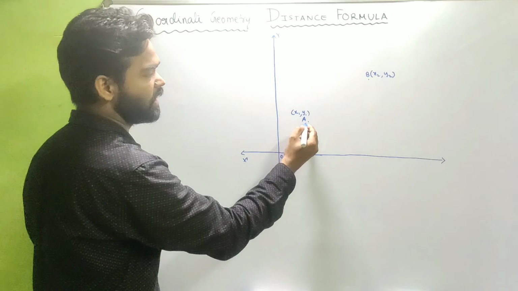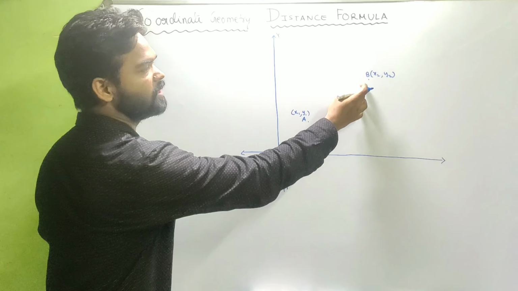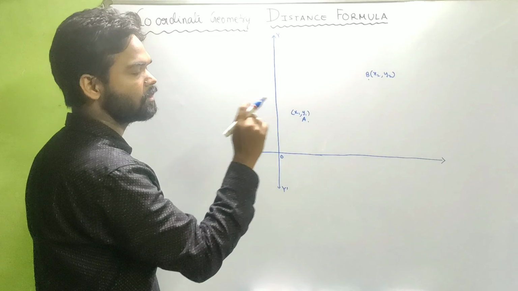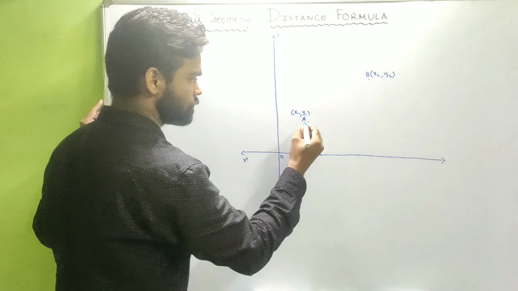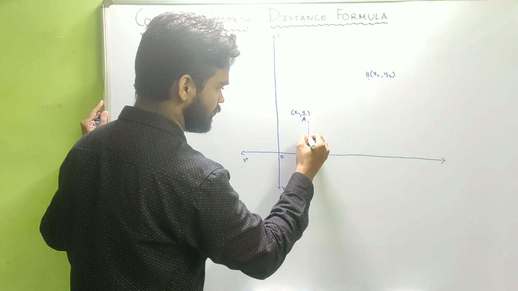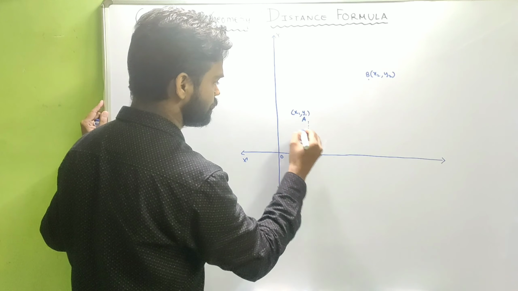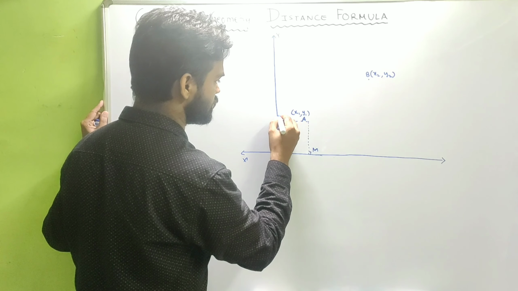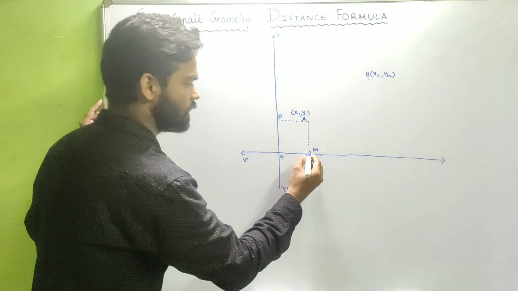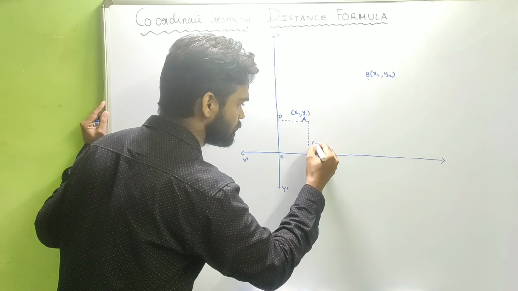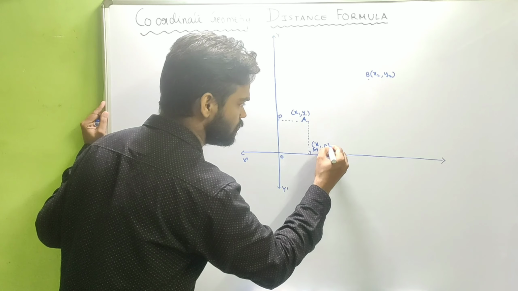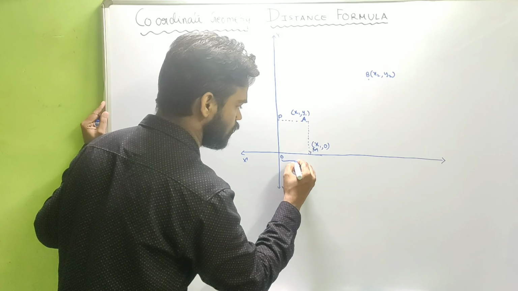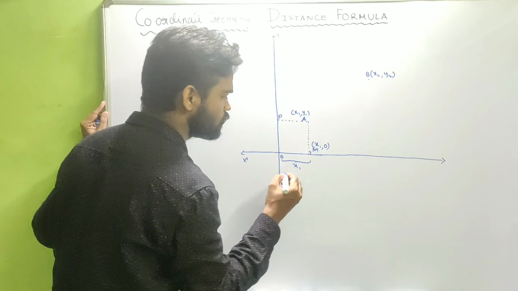Now suppose you have A (x1, y1) and B (x2, y2), 2 points in a coordinate plane. If you drop a perpendicular, suppose AM on the x-axis and AP on the y-axis, then M is nothing but (x1, 0) and this distance OM is x1.